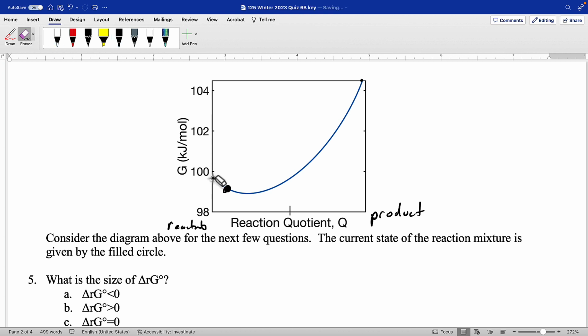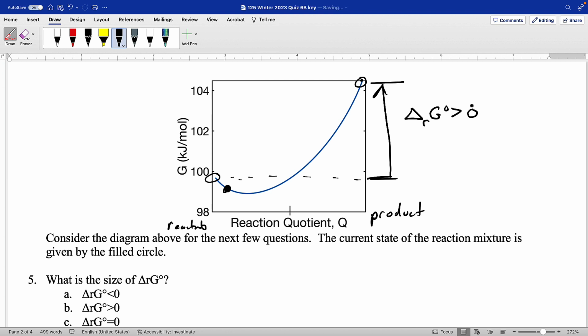So maybe I'll put unfilled circles at the start here. Okay, so if we look at this graph, we can take the difference between products and reactants, and we can say we delta'd the Gibbs energy of final minus initial, we get a positive number, right? Okay, we can see that on the graph.